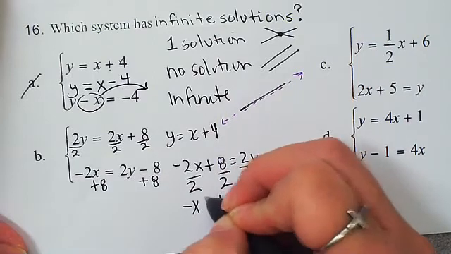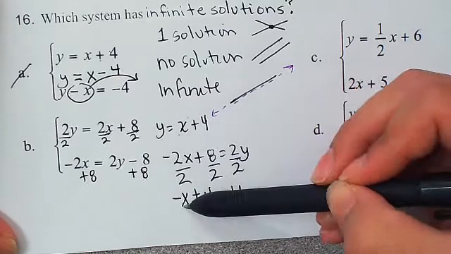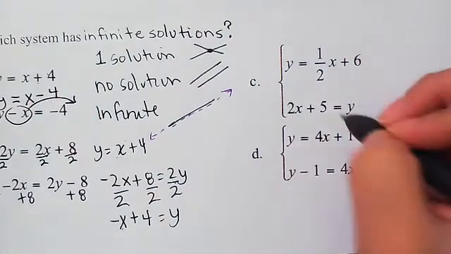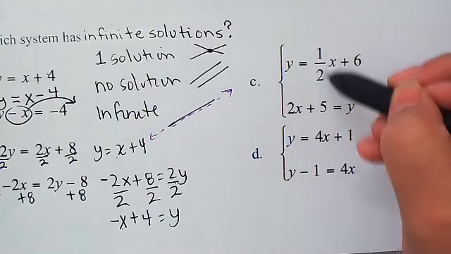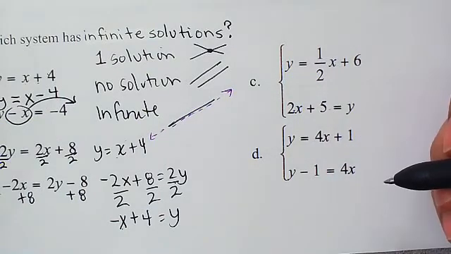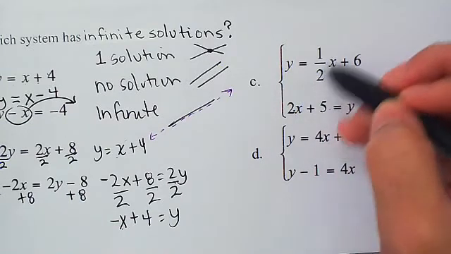Y equals, this is 4, and this is -x. Nope, they're not the same because this is positive x, this is -x. That makes a difference. I'm looking for the exact same lines. And this is already y equals half x plus 6, y equals 2x plus 5. No, that's not the same.